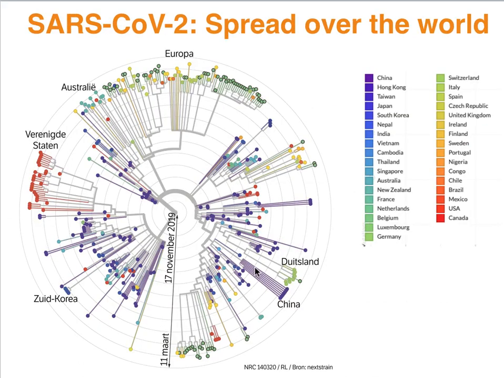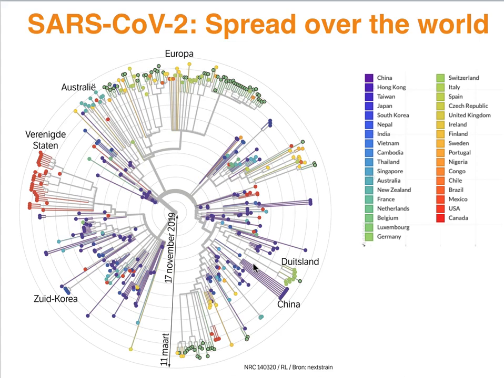Why and how do we know that this event occurred on November 17th? That is because the viruses that are isolated from humans are sequenced, and their genetic information contains clues as to where they come from.